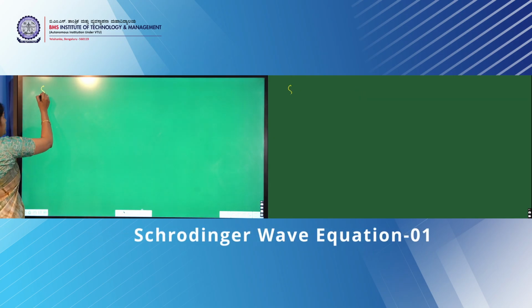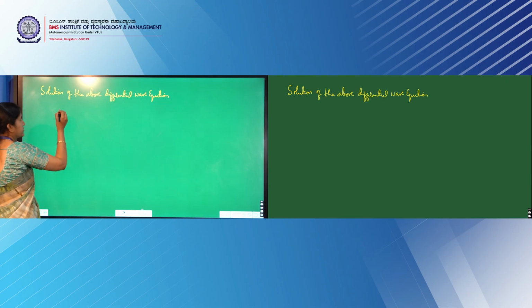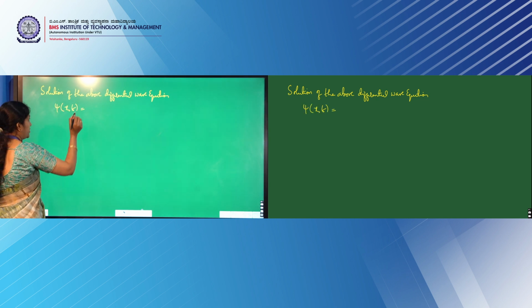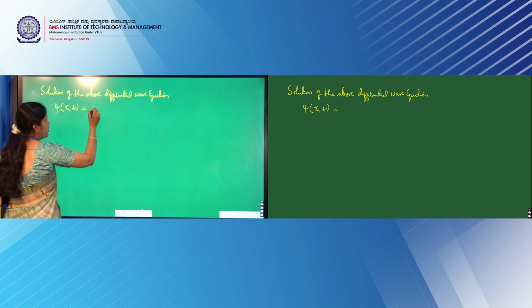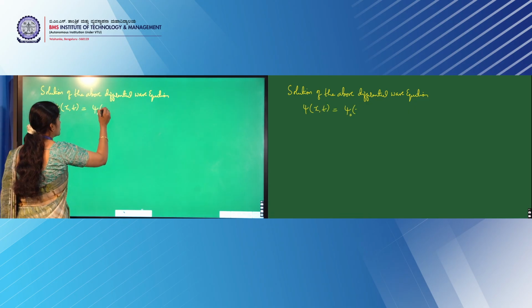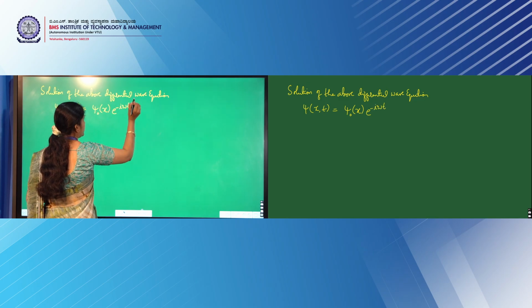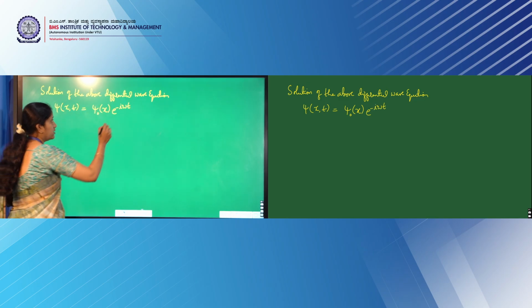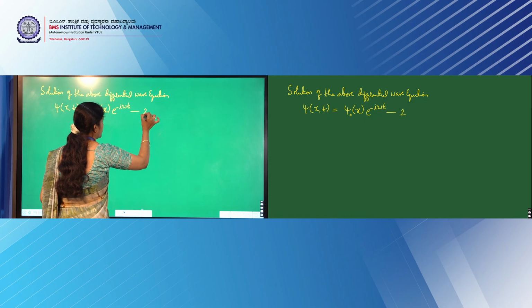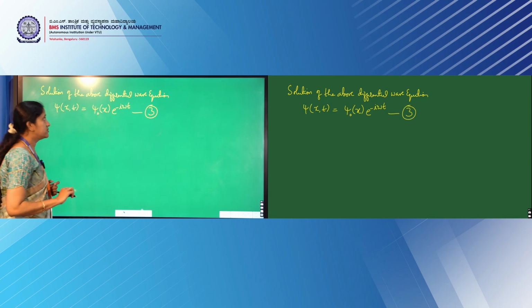Solution of the above differential equation is given by psi of x comma t is equal to psi naught of x into e power minus i omega t. So this is the solution for the above differential equation, which can be called equation 3.